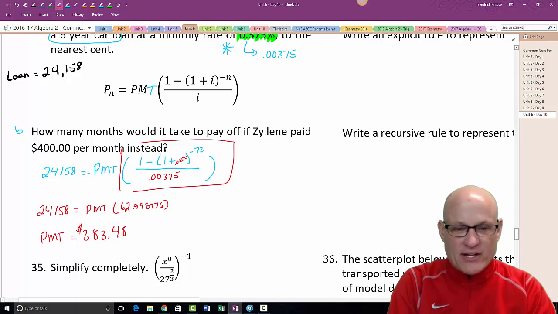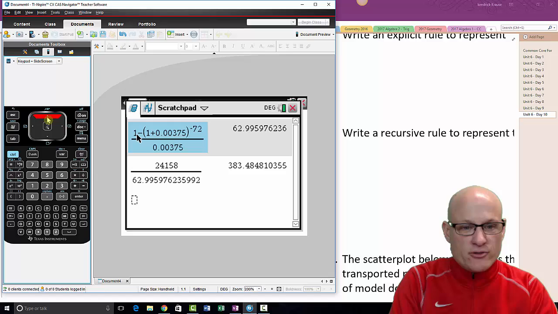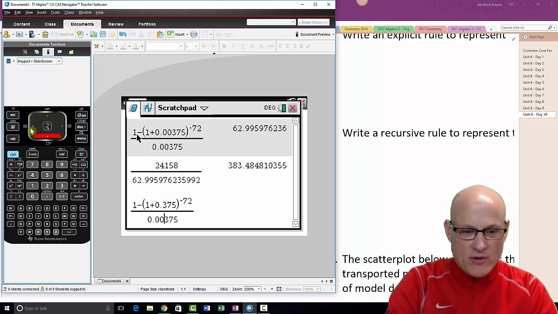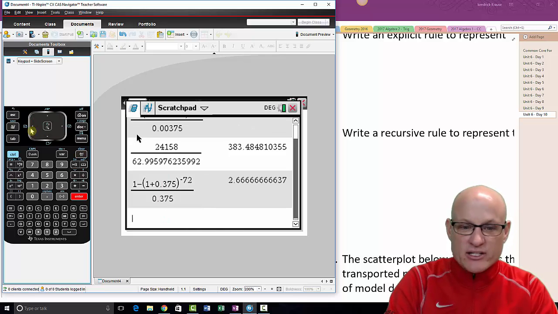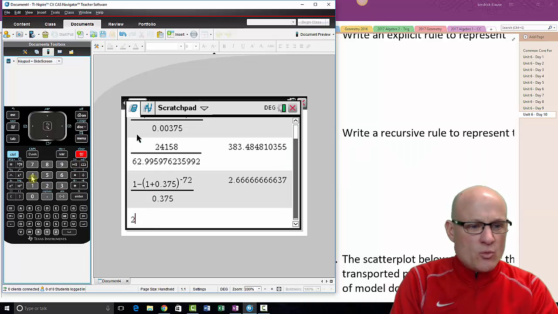Now, what would have happened if I screwed up and used 0.375? Let's go back up here and use 0.375. We're going to get rid of these and see how that changes the problem. It's going to change it drastically. So now I take my $24,158 car and divide it by this.